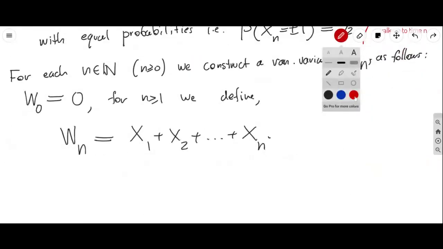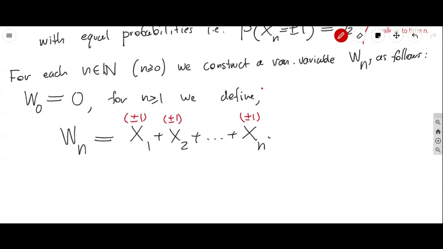Every one of these random variables gives you plus or minus 1 at random, and you're summing them up. At the very most, all of them are plus 1, and then Wn is equal to n. And at the very least, all of them are negative, and then you have negative n. So that's what Wn represents. This is the way you define a random walk.